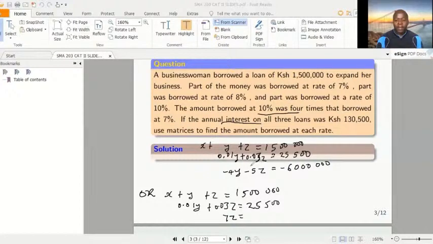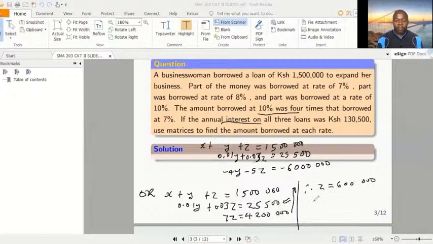The last equation tells us that z is, divide both sides by 7, and we get 600,000 Kenya shillings. Now move to this other equation. So you're solving going up. Move to this other equation where there is z, put 600,000 and make y the subject.